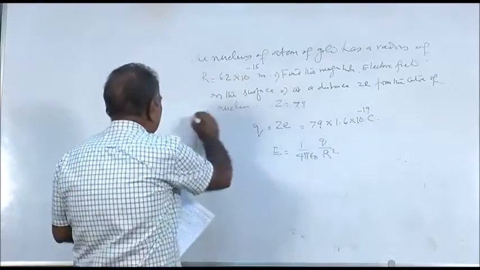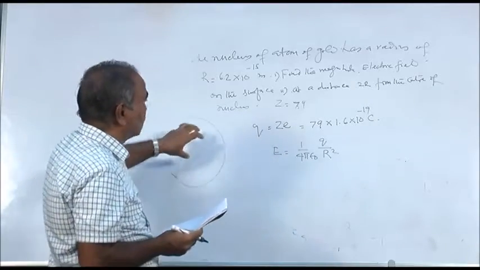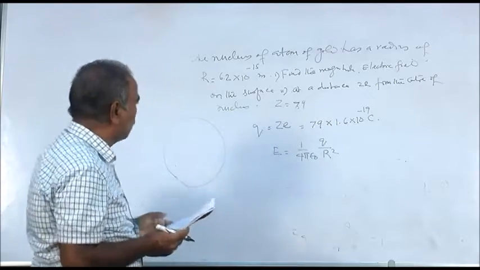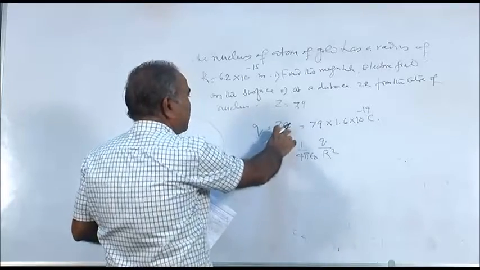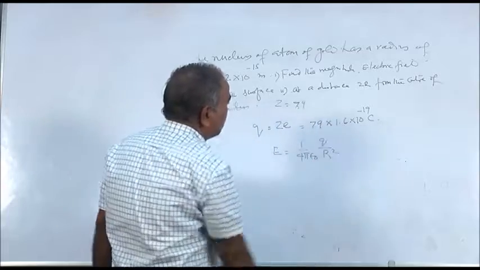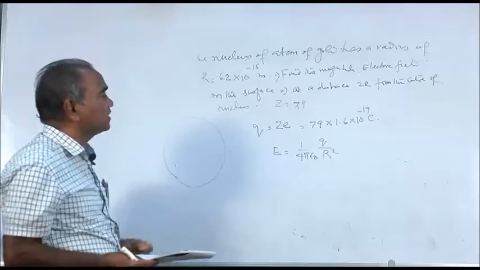This is the nucleus of gold, and this gold contains 79 protons, so charge is equal to the atomic number multiplied by charge of proton. Proton charge e is equal to 1.6 into 10 to the minus 19 coulomb.